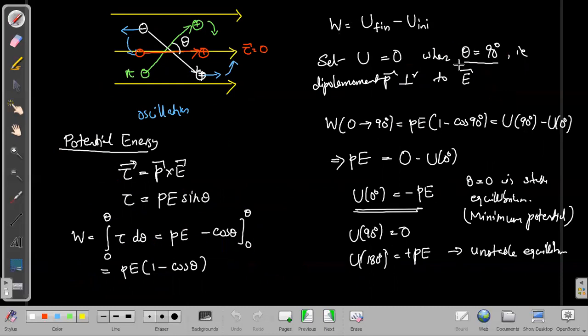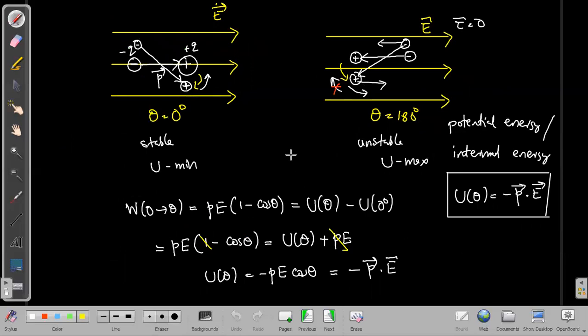This is our choice; we can choose any point as the zero point. Since we choose theta equal to 90 degrees as the reference point, the potential energy at 0 degrees is equal to minus PE. Remember, P is the magnitude of the dipole moment and E is the magnitude of the electric field.